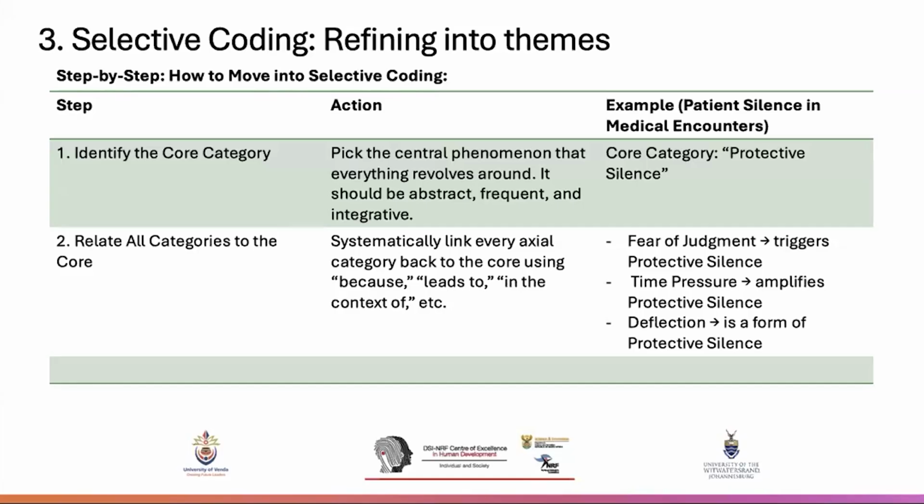And obviously, the issue of changing the topic, deflecting, is also another form of protective silence. So you can see now all these different codes stemming from that very same excerpt are telling us that there is a common theme that we can look into that will help us understand exactly what the patient was experiencing or undergoing.